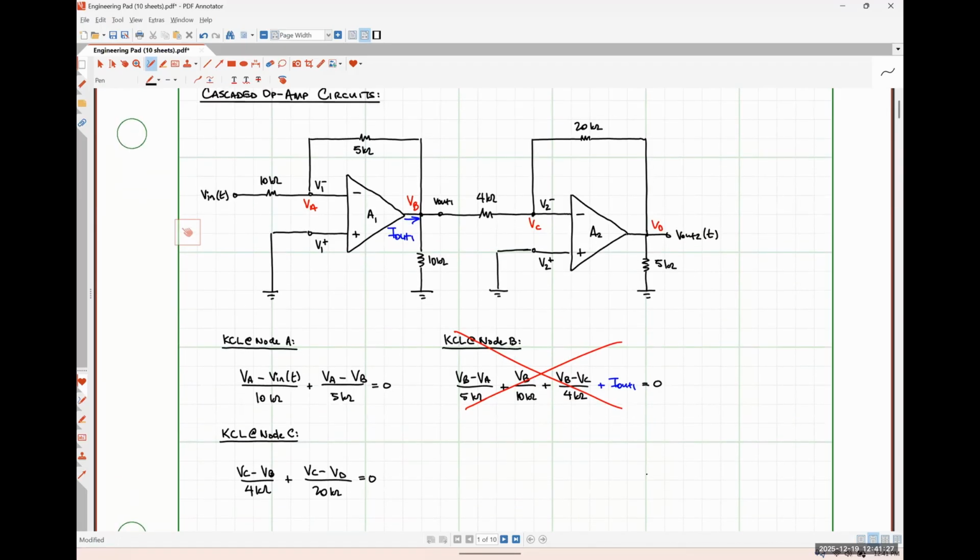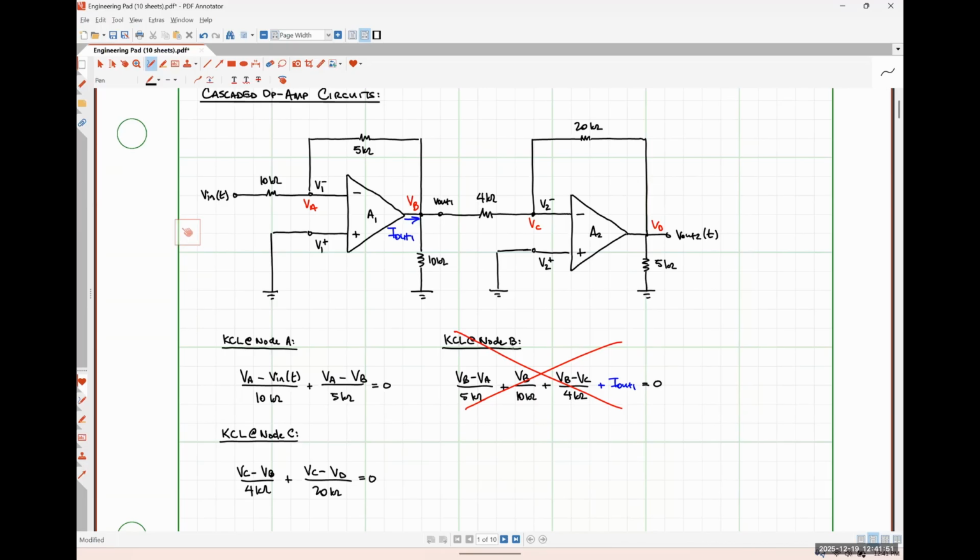And for the exact same reason that we ran into an issue when we did KCL at node B, we'll also run into that same issue if we tried to do KCL at node D. So we have two equations, but we have four unknowns. But do we really have four unknowns? What have we not done?